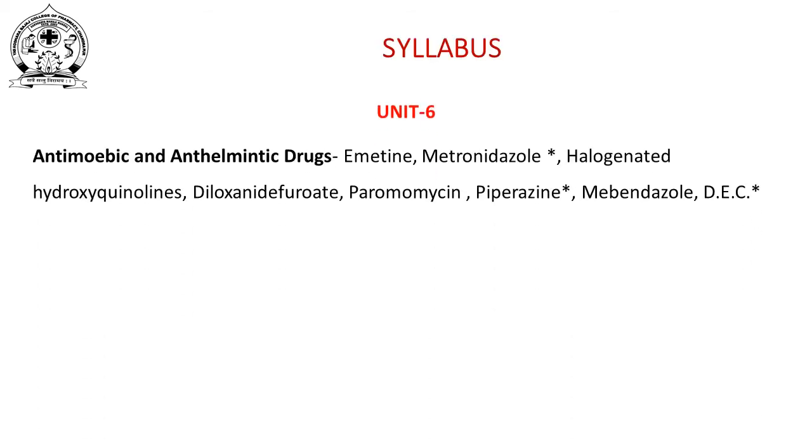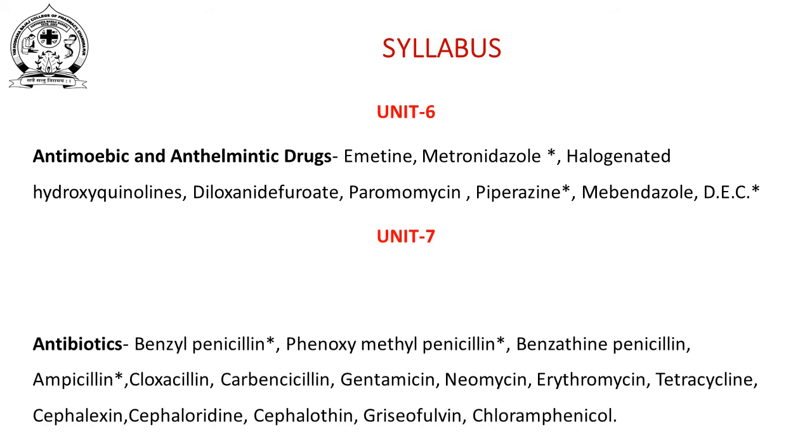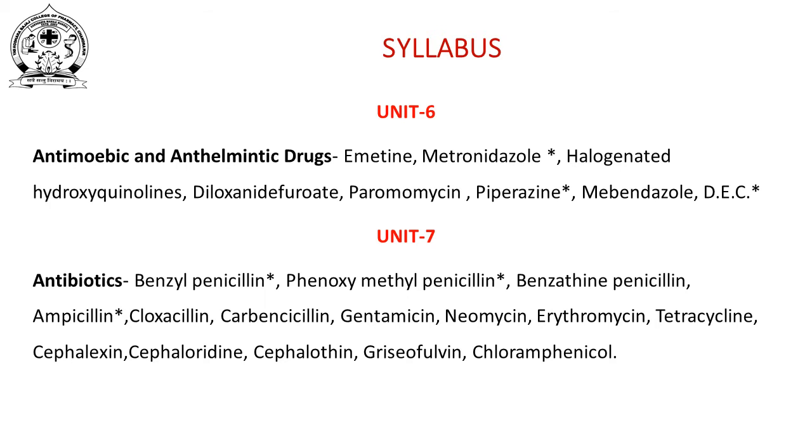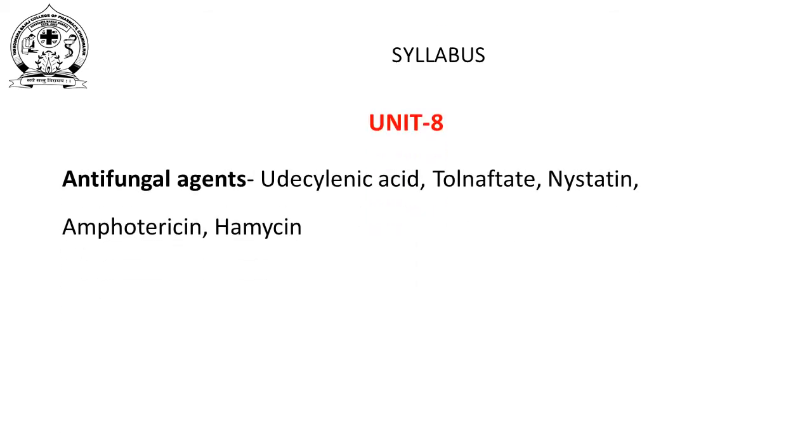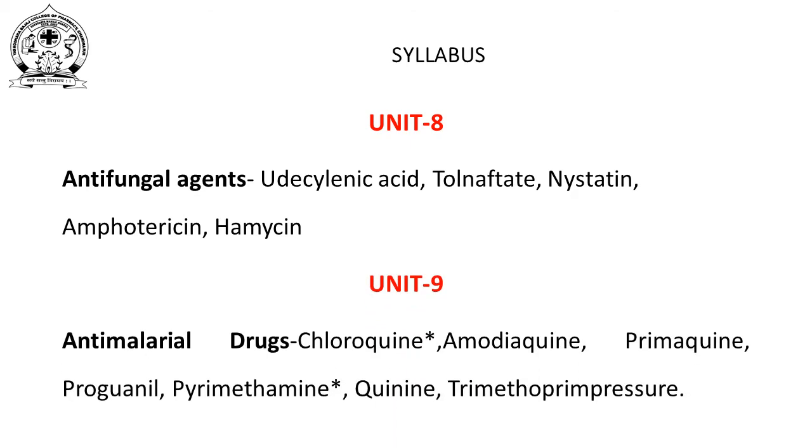Unit 6, anti-amoebic and anthelmintic drugs. Unit 7, antibiotic drugs. Unit 8, antifungal agents. Unit 9, anti-malarial drugs. Here you can also observe chloroquine and pyrimethamine; for both drugs we have to learn the structures.